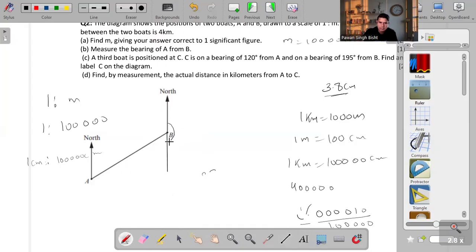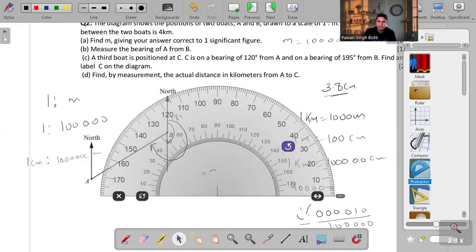You know that until here it's 180 because this is a straight line. You have to find this angle to find the bearing of A from B. We always measure in clockwise direction, you know that, right? So I have to find this whole angle. Until here we know it is 180. So if I find this small angle and add 180 plus this, that will be the bearing of A from B. So I will need a protractor for this.